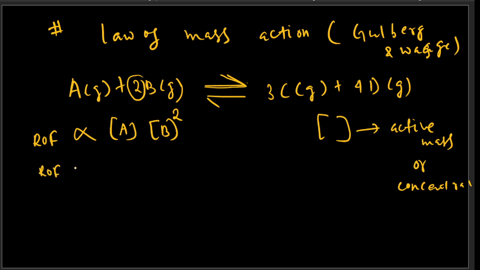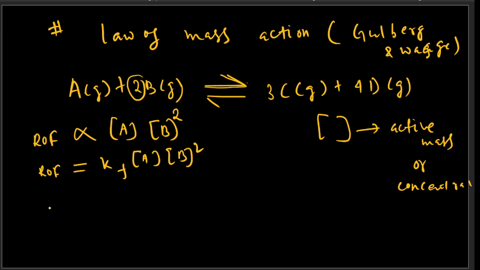If I remove the proportionality, I have to put a constant. Let's say this is the forward reaction, so I will put Kf, equal to concentration of A times concentration of B square.